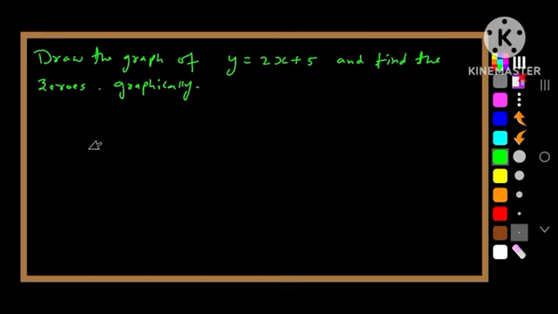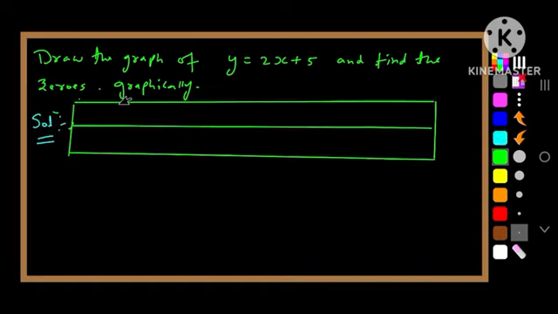So this is our equation. So how to solve this equation? Now let us see. First of all, we have to take x values. So this is our x value and y.